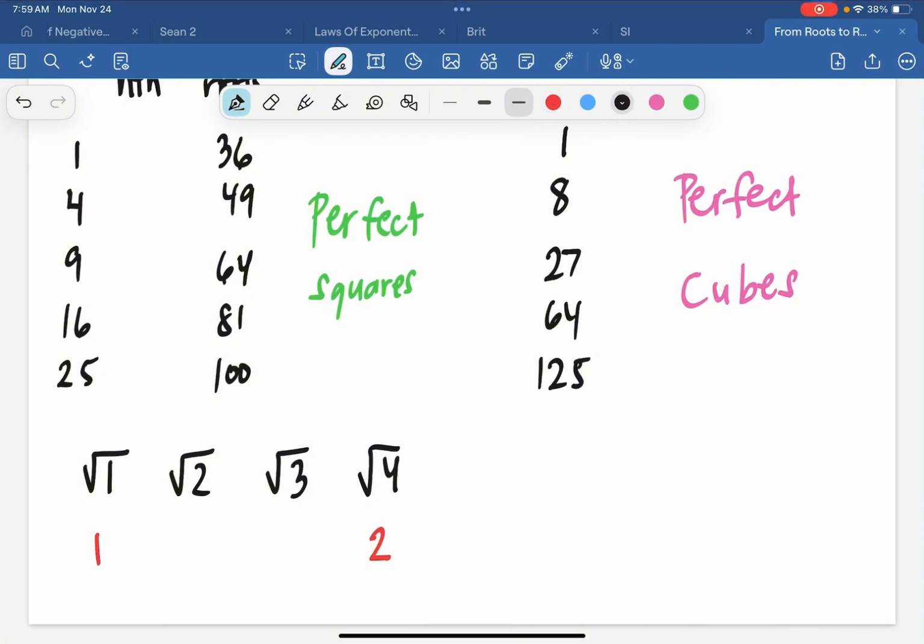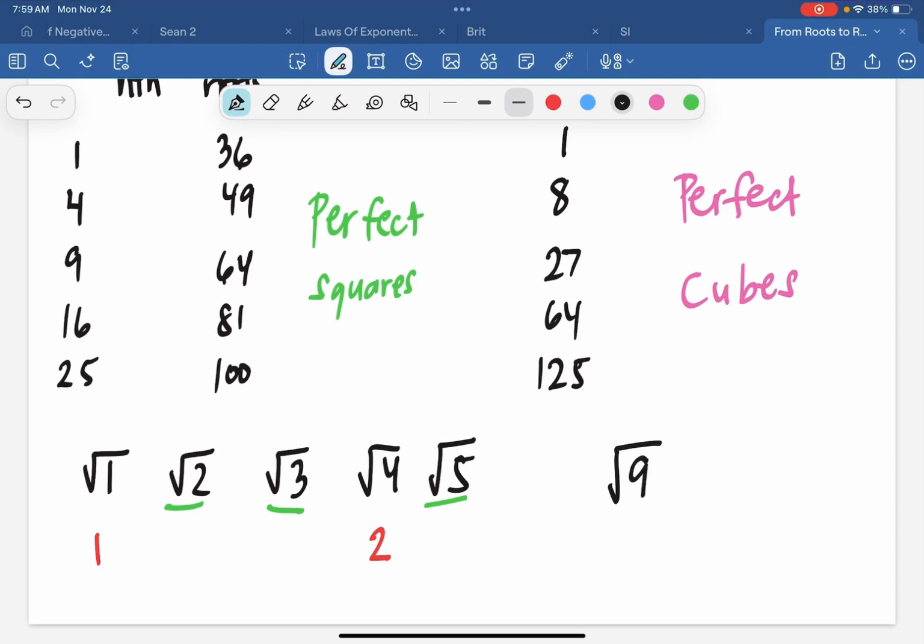So basically, in the square root section, all numbers that are not perfect squares inside a square root sign are irrational numbers, like square root of 2, square root of 3, square root of 5, and other numbers between square root of 4 and square root of 9.